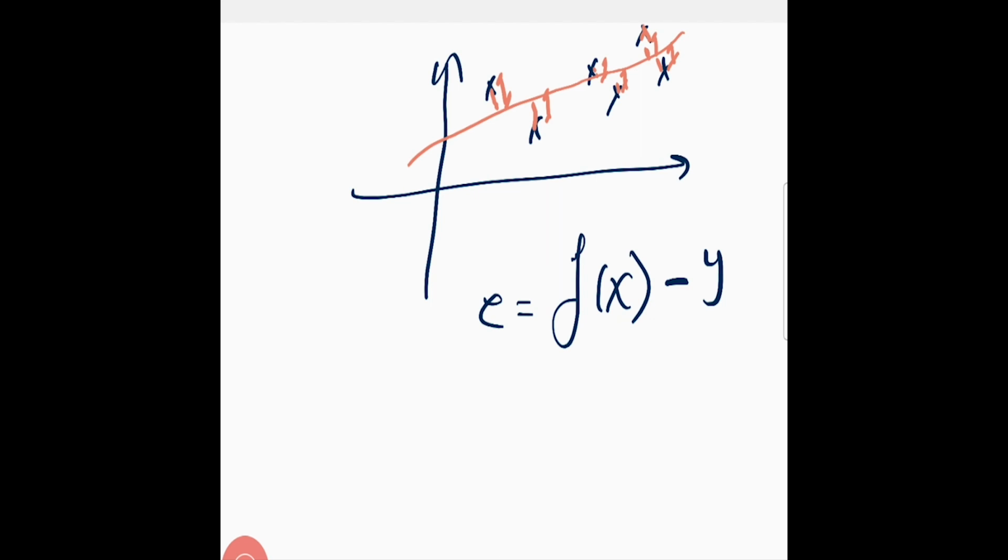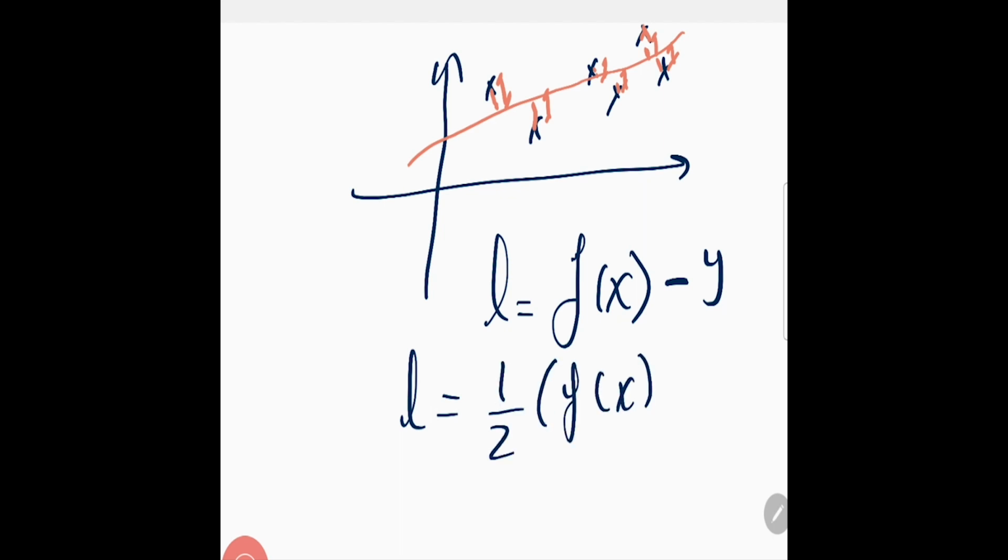So what I'm going to do here is I'm going to represent this loss function or error. Let's call it L instead of E. And this loss here is going to be half f(x) minus y squared. So this is good.